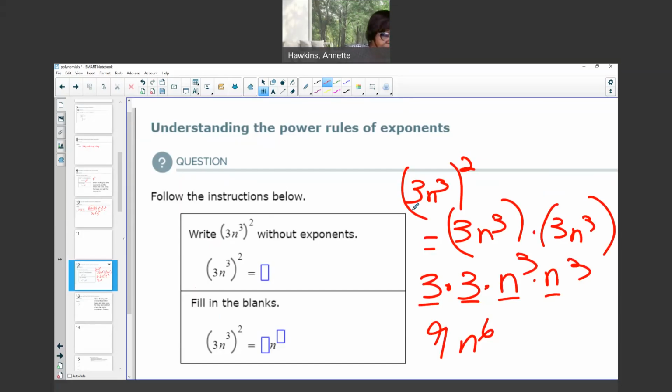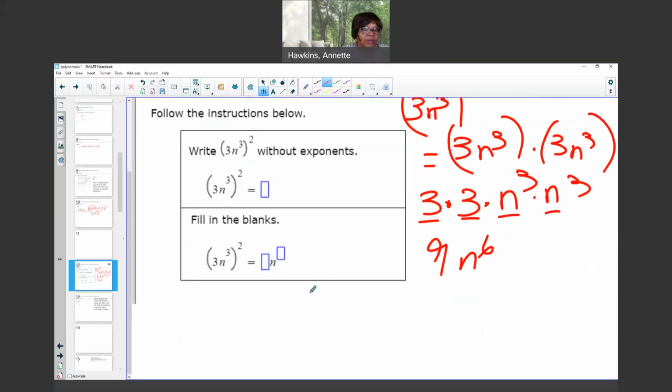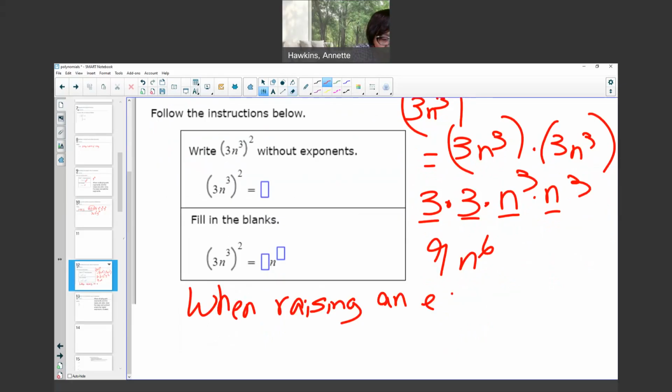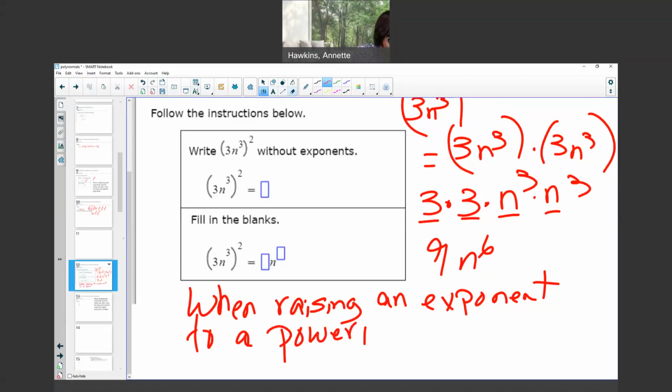So what is the power to a power rule? The rule says when raising an exponent to a power, we multiply the exponents.